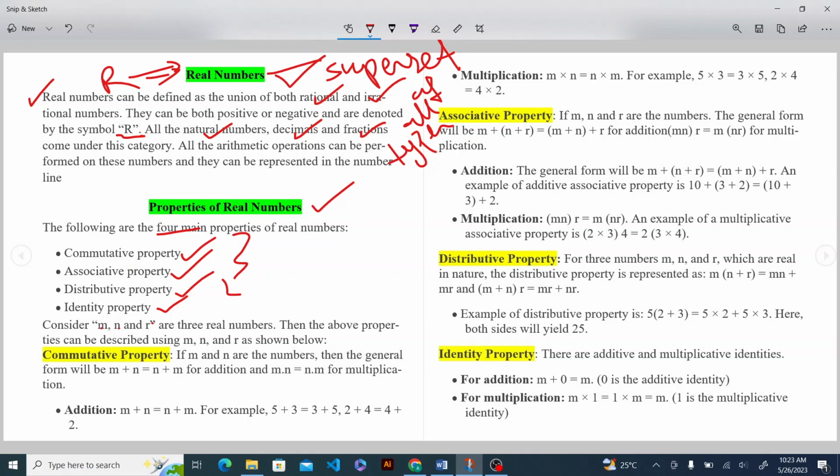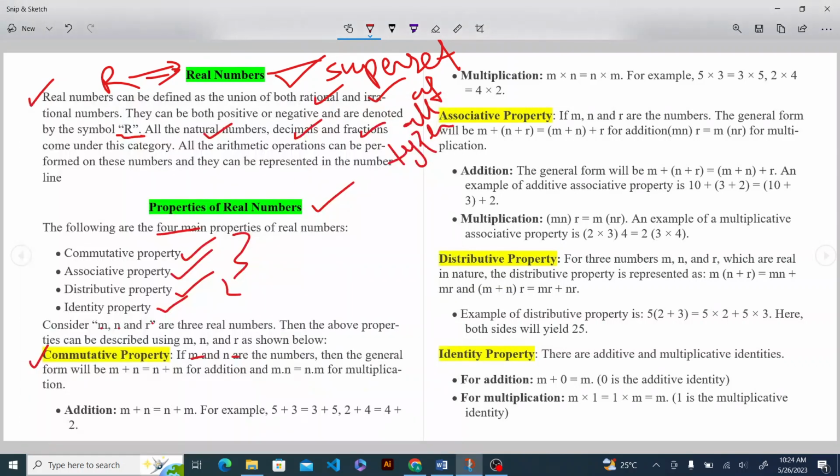Okay, so the first one is commutative property. If m and n are real numbers, then what will the general form be? General form of commutative property will be m plus n is equal to n plus m for addition.